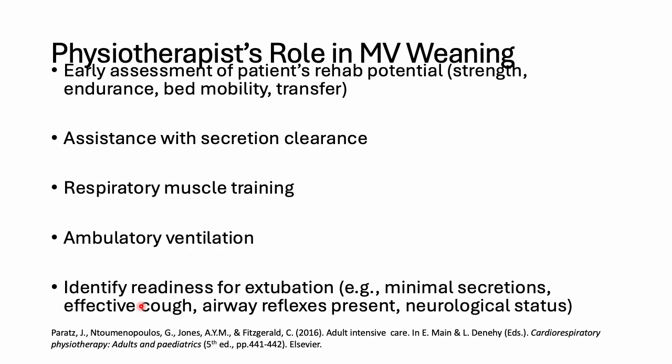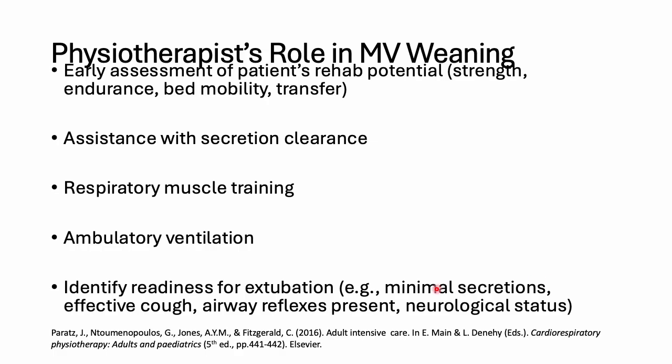Of course, you can't assess the patient's cough effectiveness when the artificial airway is still in place. The patient can initiate a cough, but because of the presence of the artificial airway, you probably won't be able to really know whether the patient can effectively cough. So this is an inference on implication.